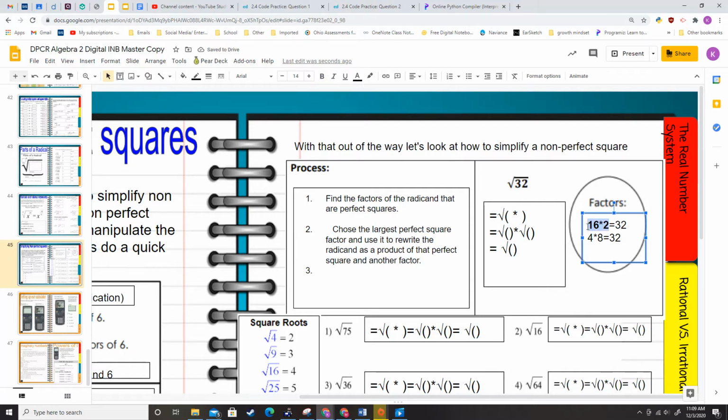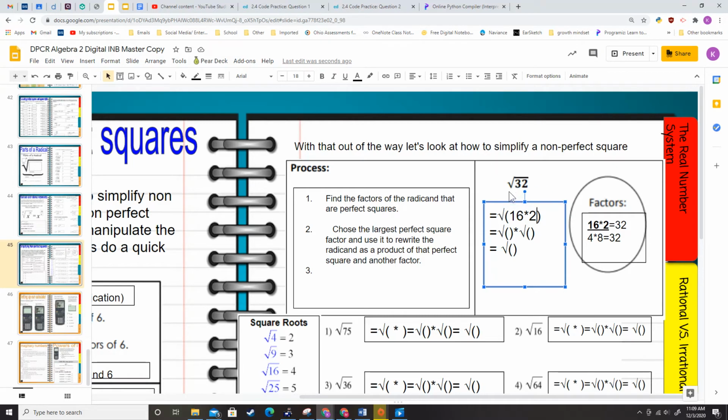So you see I went through, I bold that. I'm going to underline that just so we know. So we're going to pick 16 times 2. And we are going to replace in the radical those two numbers with that. So we got 16 here, and over here we got 2. Now this is the same thing as 32.